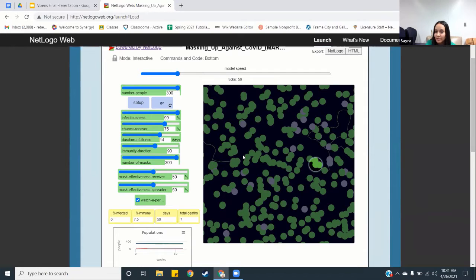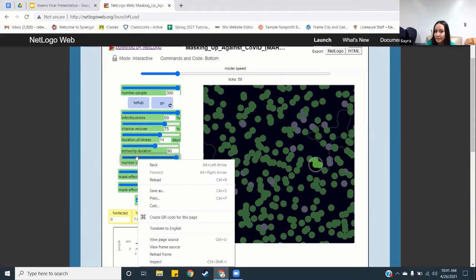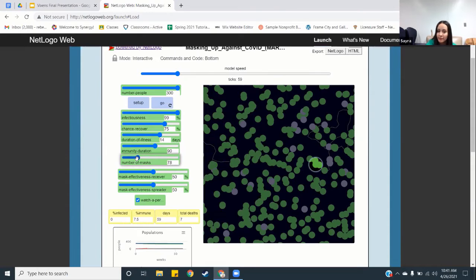So in this scenario, the virus has now stopped spreading. So this took us about 59 days, and there have only been 7 total deaths in this whole experiment.